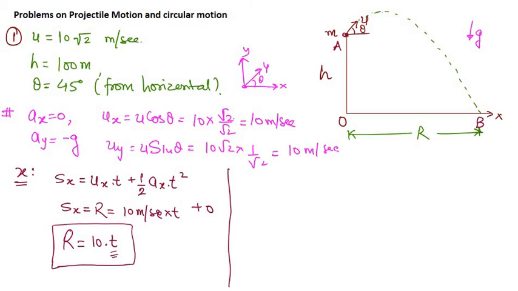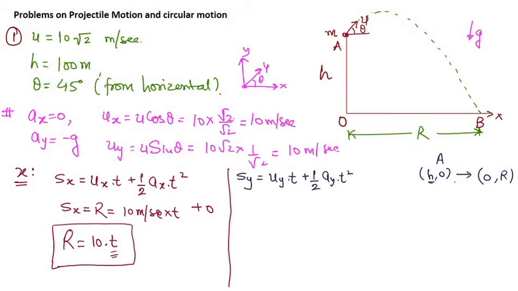So let's write the y equation of motion. Your Sy will be uy into t plus half of ay into t square. At the initial point you were at height h comma 0, and at point b your y coordinate will be 0 and the x coordinate will remain as r.